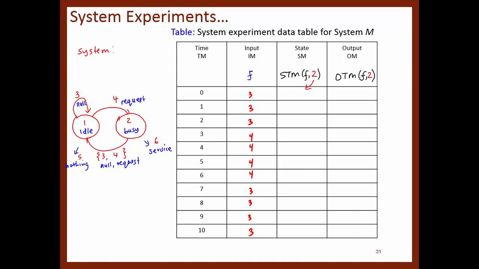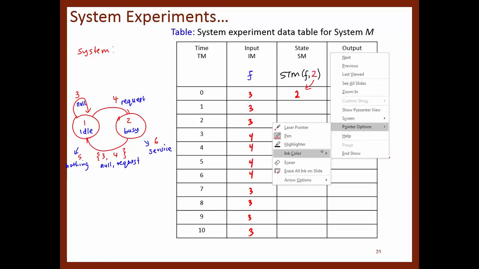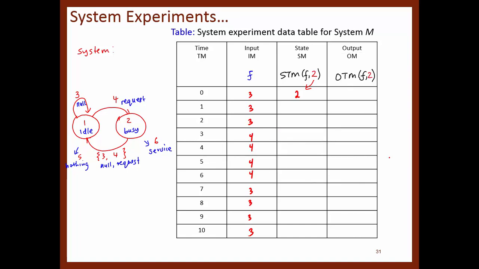Based on this, you know that the initial state is going to be 2. That's coming from the state function; that's your initial state, and that's given. Using this information, I'm going to complete the rest of the table, which is why I'm using a different color. I'm using this light blue. So red is given. The rest you need to complete based on the information that was given.